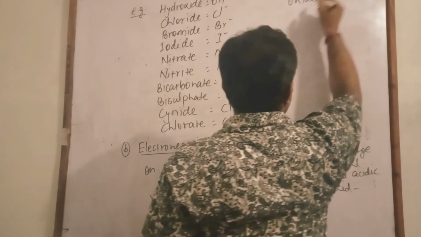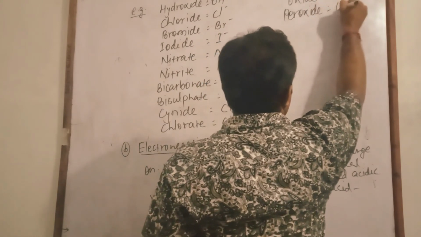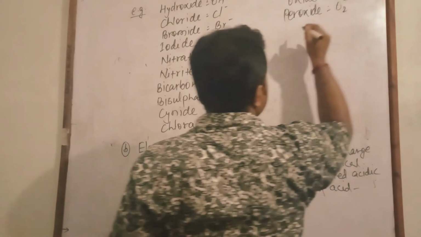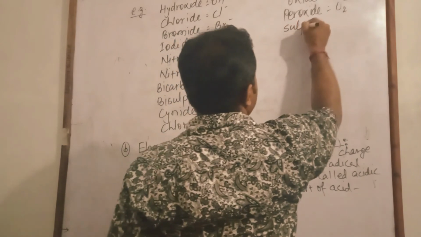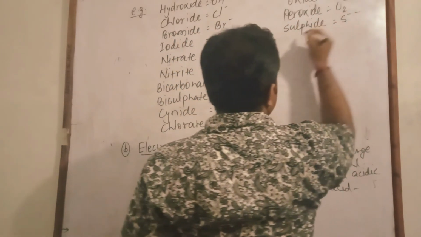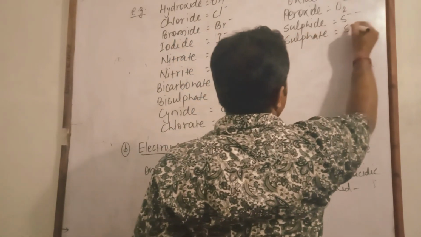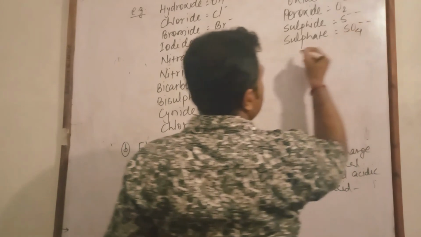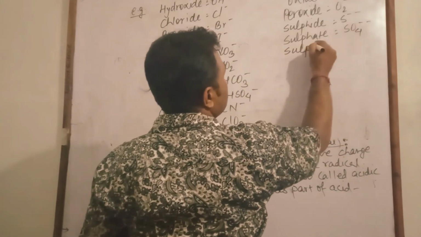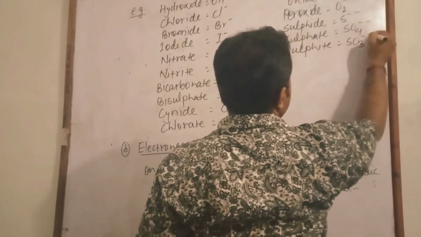More electronegative radicals are oxide, O minus minus. Peroxide, O2 minus minus. Sulfide, S minus minus. Sulfate, SO4 minus minus. Sulfite, SO3 minus minus.